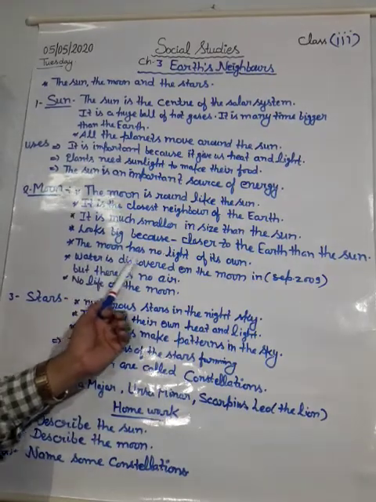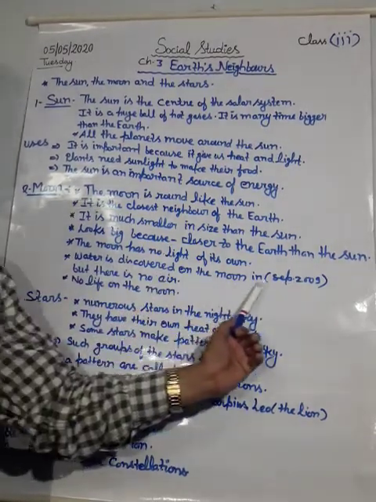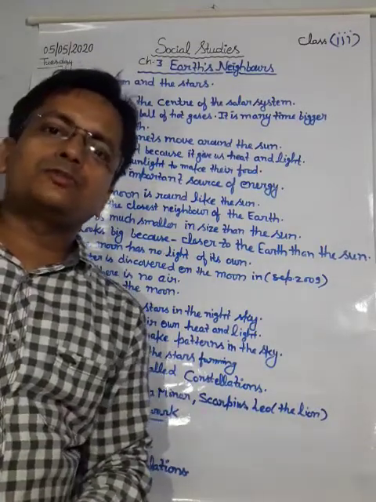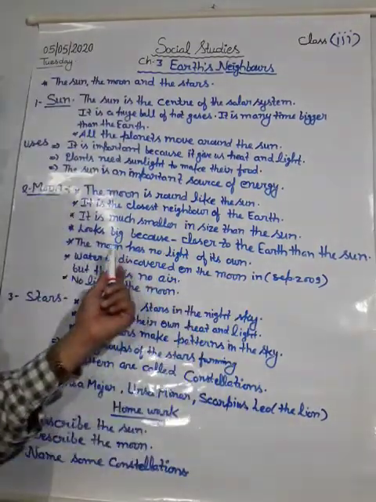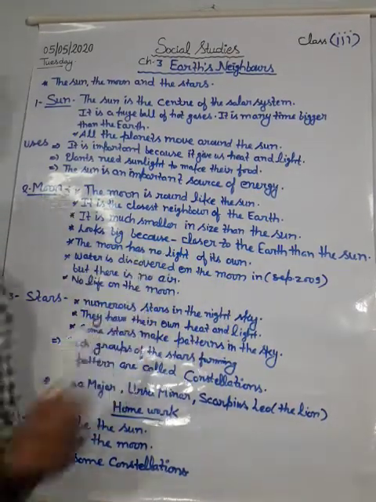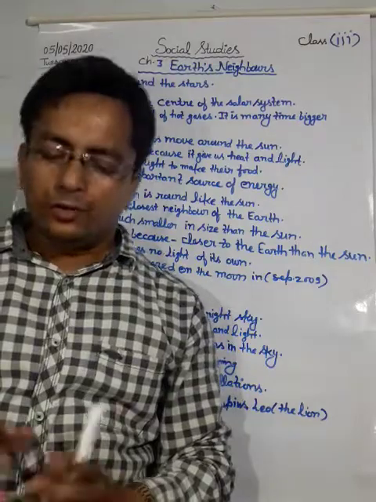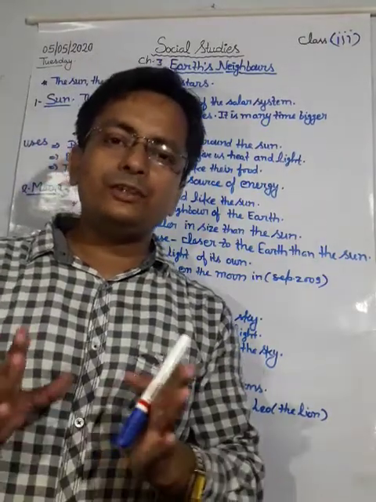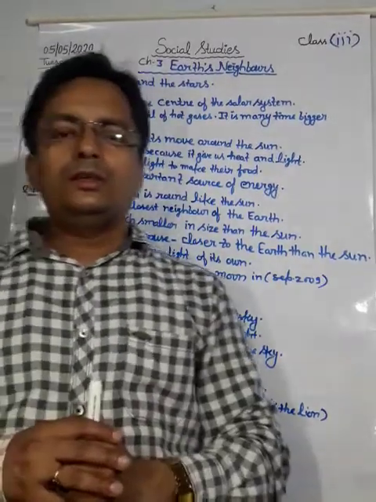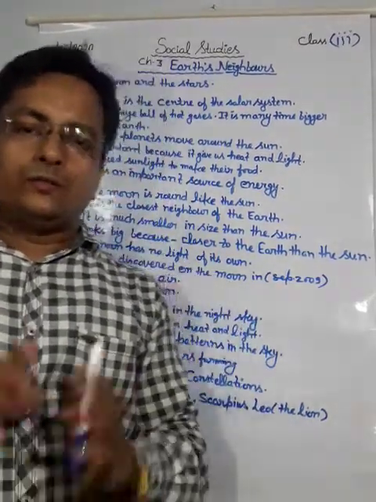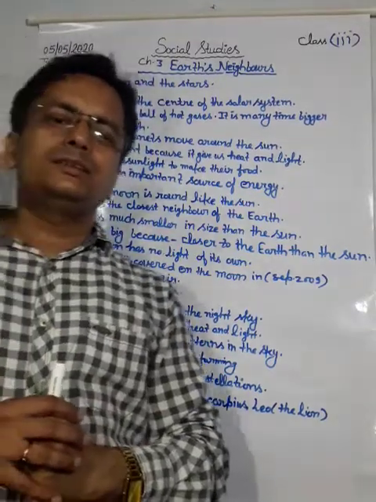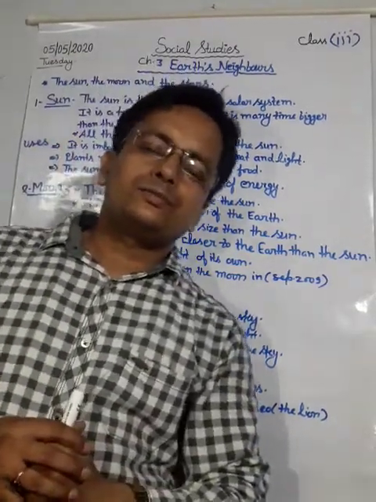Water was discovered on the moon in September 2009, but there is no air. So we can say that life is not possible on the moon, because for life, two things are main, water and air.